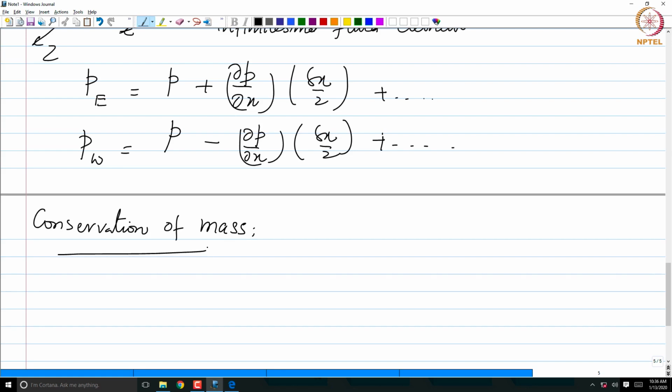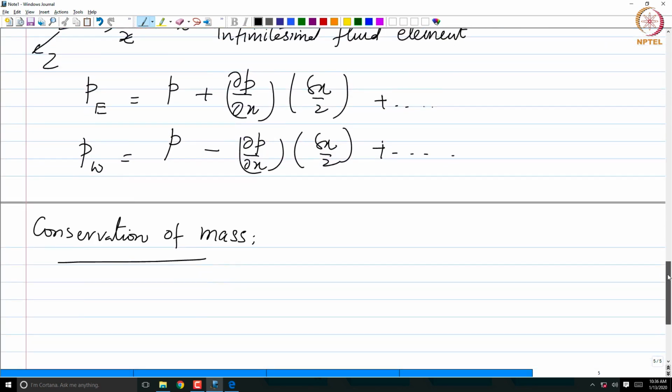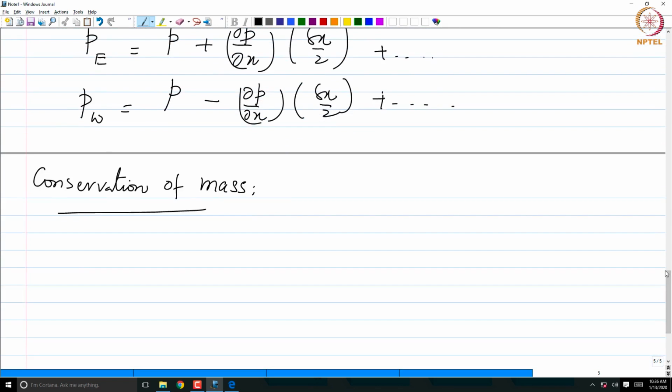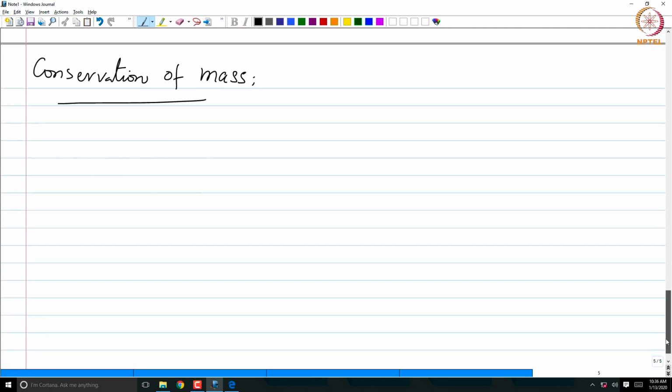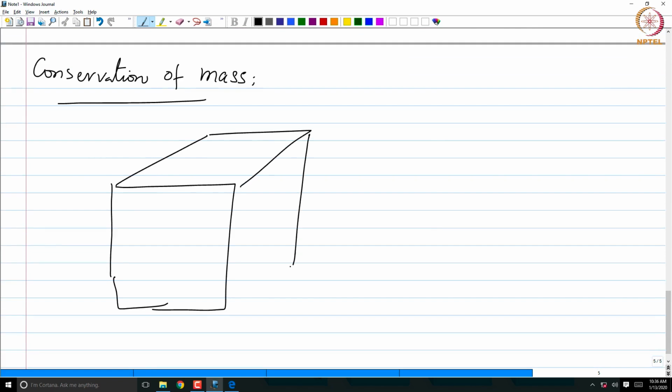So conservation of mass, we are looking at again a fluid element, something that we just drew above. What will be a statement of conservation of mass? We say that if we have a fluid element, something like this, okay, we have x, y, z.